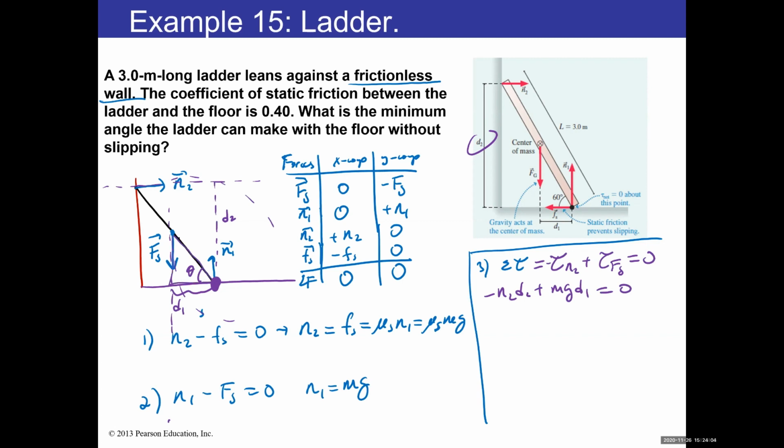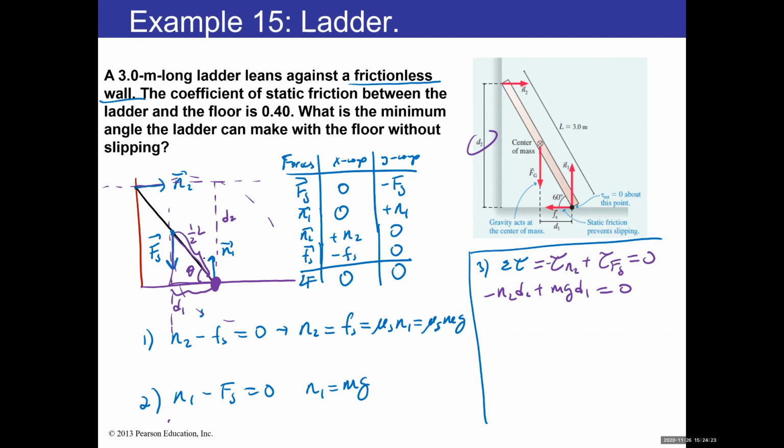For the gravitational force, D1 is the adjacent, and this distance, which is half of the L, is the hypotenuse.